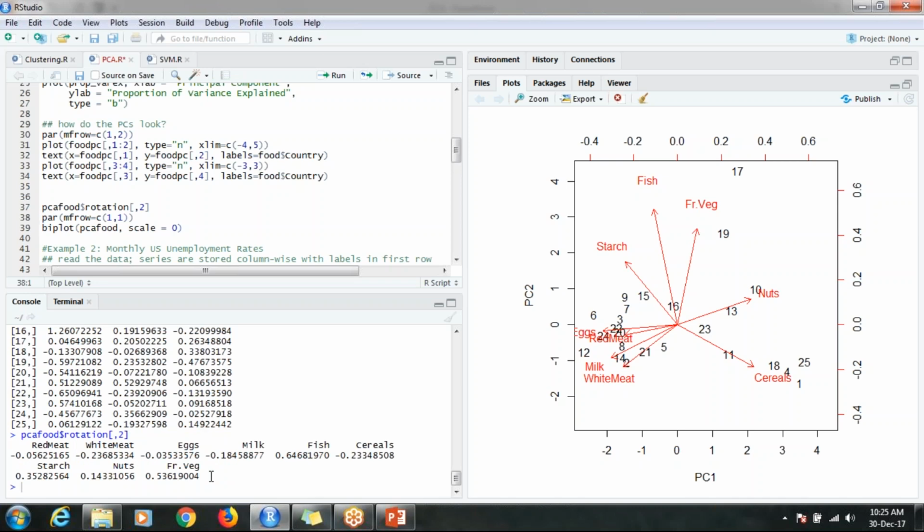So here if you see, nuts are around this, and fresh vegetables and fish, the magnitude of both of them are quite similar. So, not the relation, but mainly the rotation factor it provides.